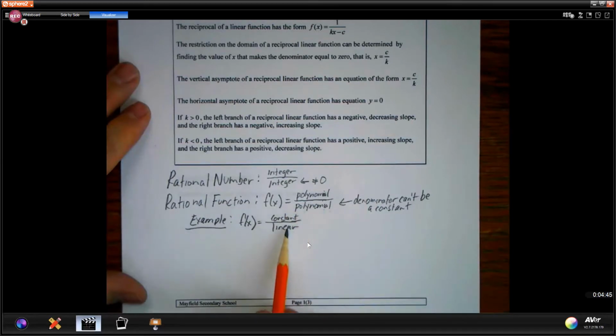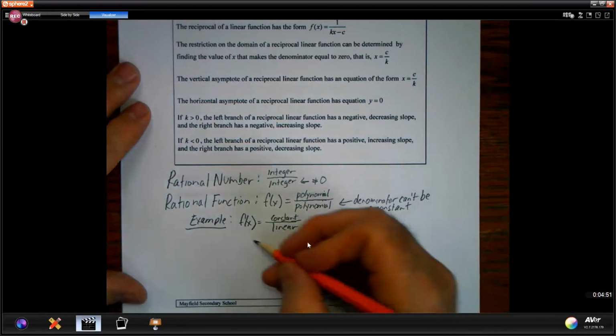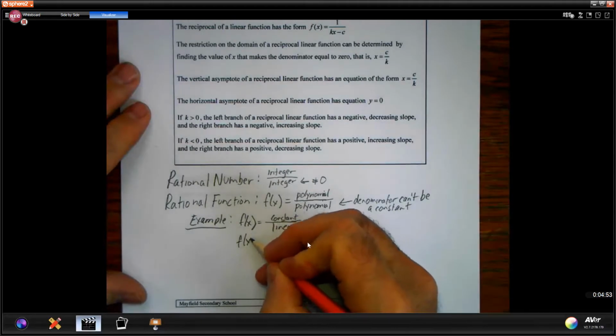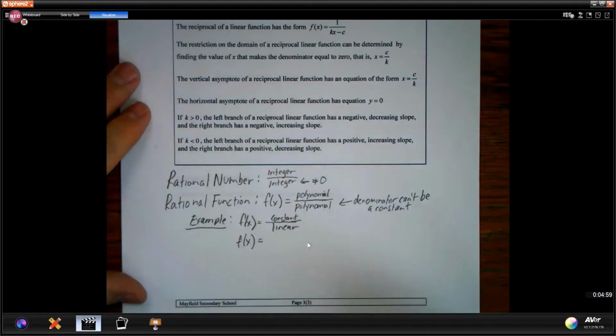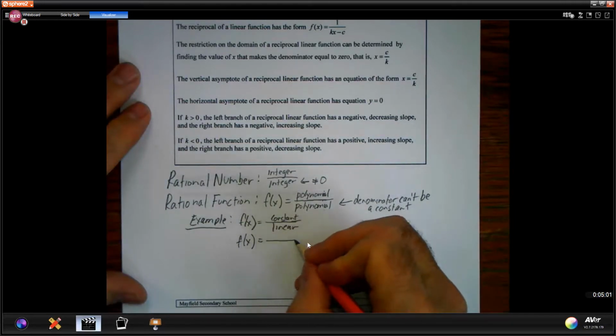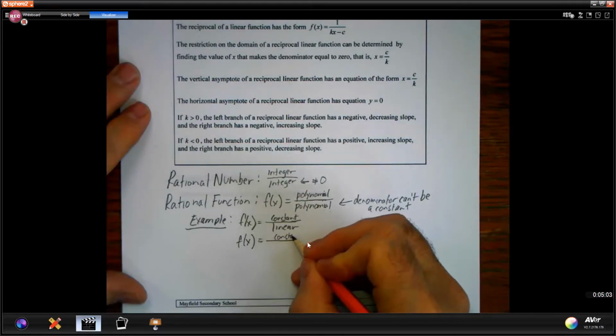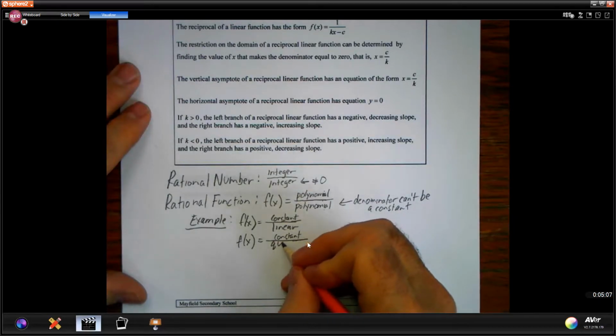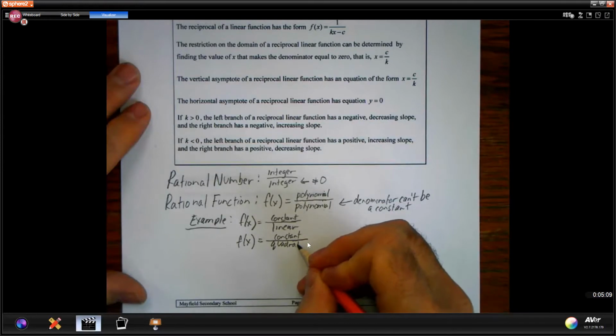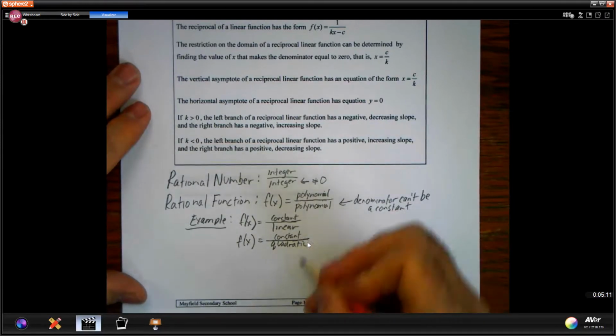The denominator is a linear function, not a constant function, so that's okay. I could also have another rational function where I have a constant on the top, which is just a number, over a quadratic. So this would be a degree 2 polynomial function.